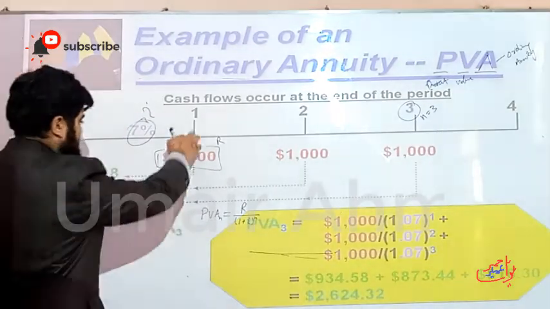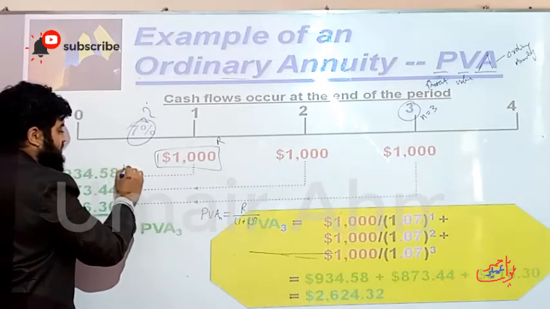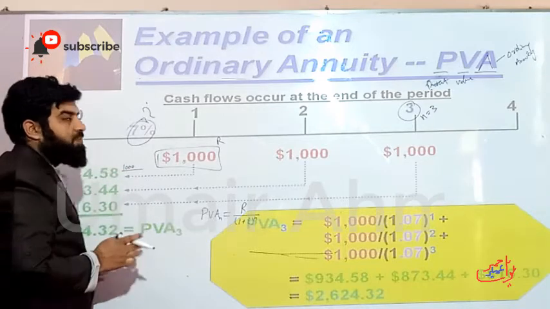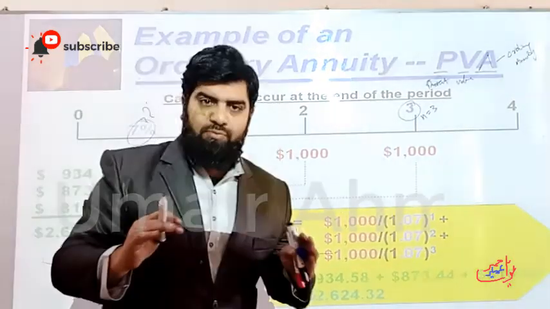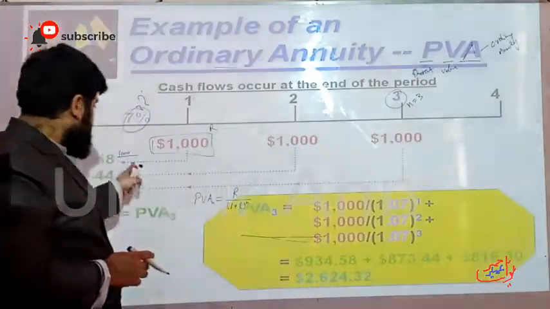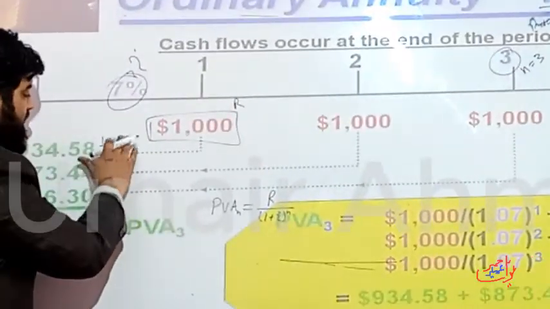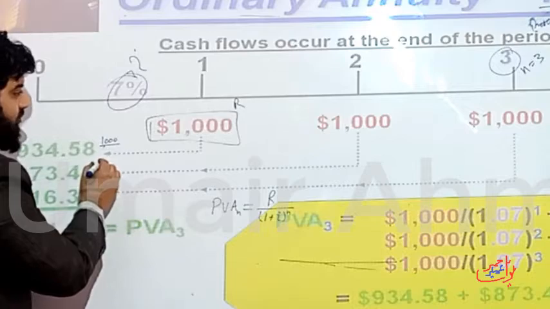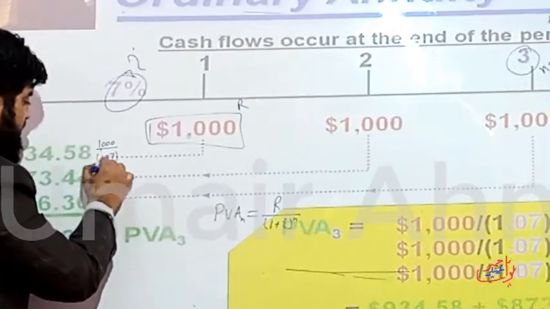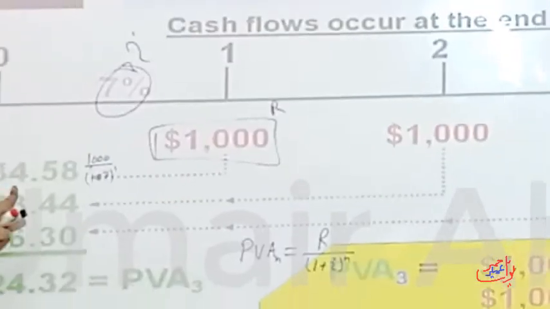Let's see, for the first year, it will be like 1000 divided by, in present value we have a discounting factor, in future value we have a compounding factor. So there is a discounting factor, we have to divide. 1000 is divided by 1.07 to the power 1. So we will get this result.